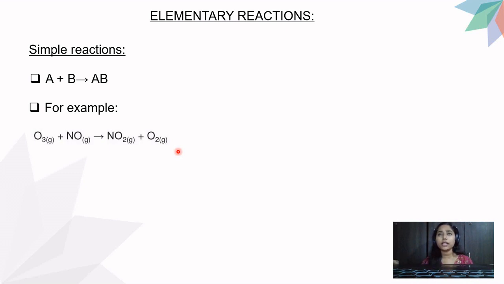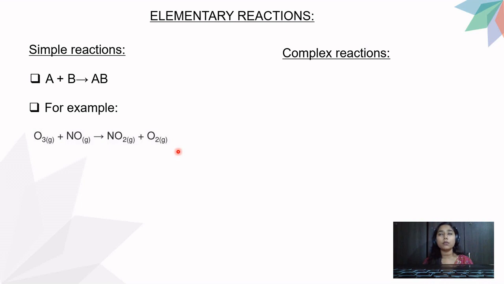Now I'll compare simple reactions with another type of reactions, which is known as complex reactions. What are complex reactions? Complex reactions are those reactions where the reactant molecules are 3 or more than 3.